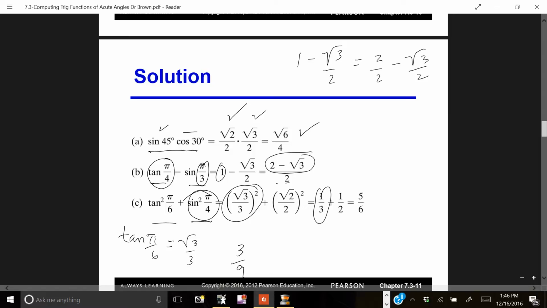Sine of pi over 4 is equal to the square root of 2 over 2, so sine squared of pi over 4, squaring this, would be 1/2. So the sum is 1/3 plus 1/2, which is 2/6 plus 3/6 equals 5/6.